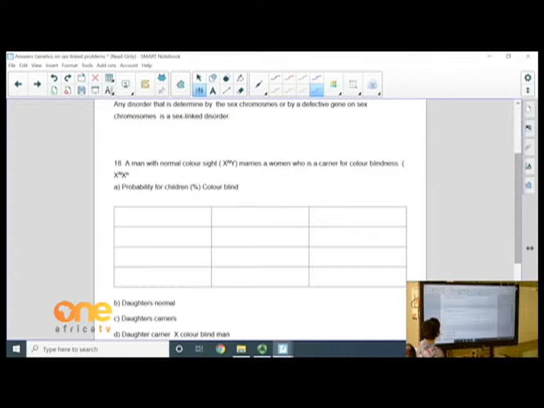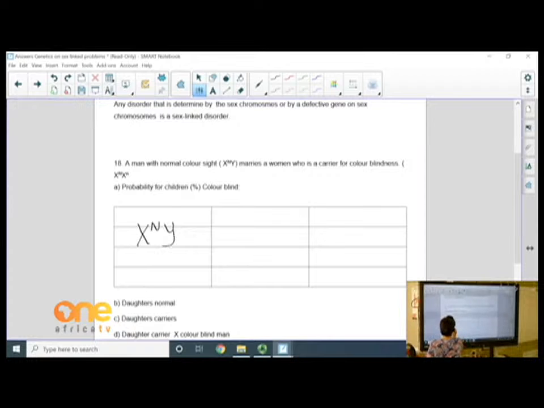Then one last question to help us think. A man with normal color sight marries a woman who is a carrier for color blindness. What is the probability, in percentage, for their children to be color blind? So let's write in the male. The male looks like this.